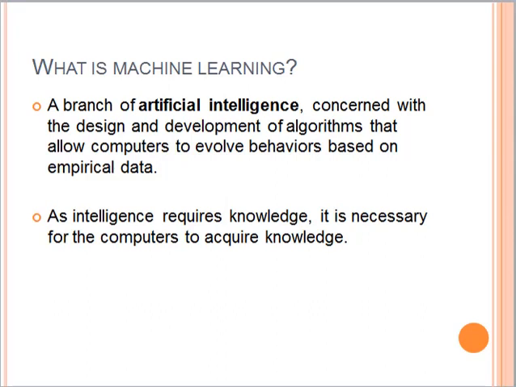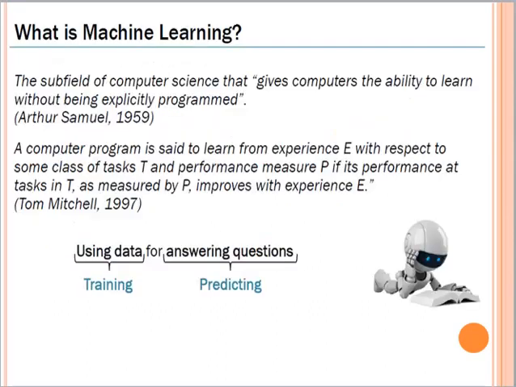So we have some kind of raw input data, and we are trying to extract some knowledge out of that data, and after we have that knowledge, we are trying to build some intelligence into the system so that it should be able to solve different kinds of problems.